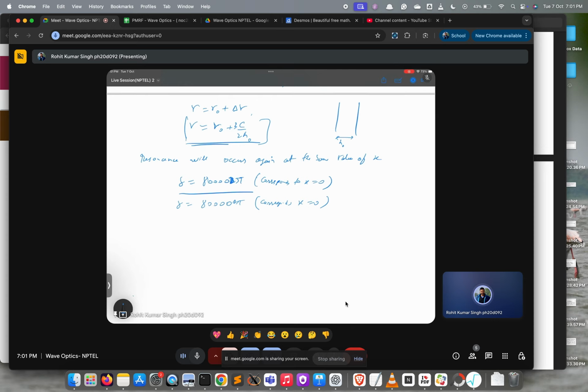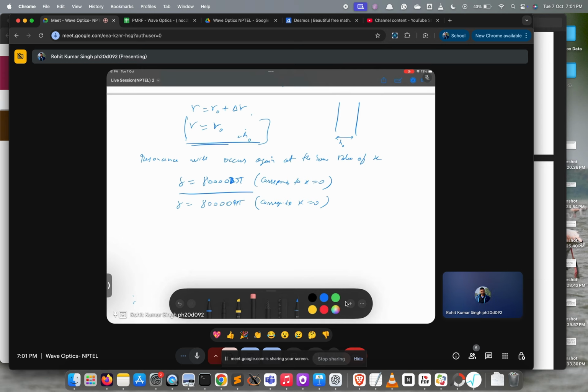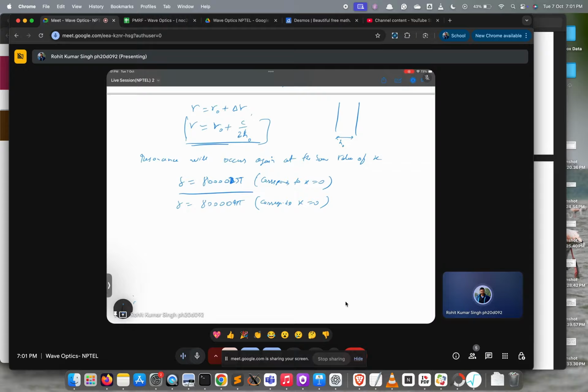So we are not changing the distance, but if you change this to 2, 3, 4, you can have a resonance condition. So in general, you can change your frequency by some multiple of c by 2h naught to get resonance. Here p can be 1, 2, 3 and so on, and you will have the same t versus x curve.